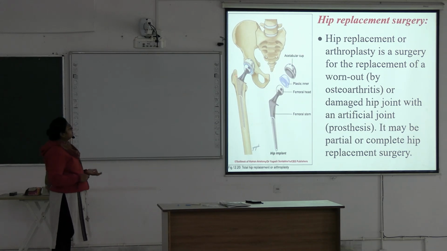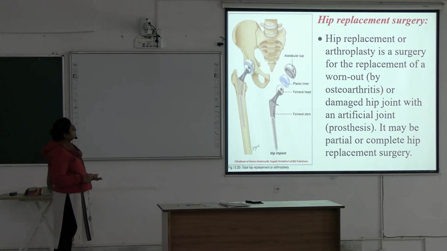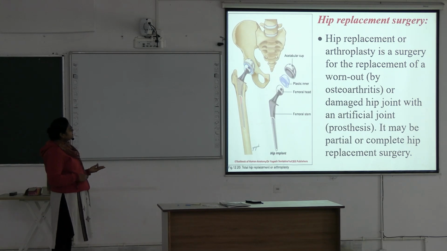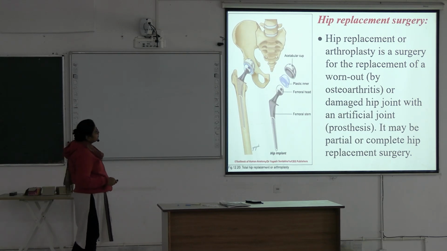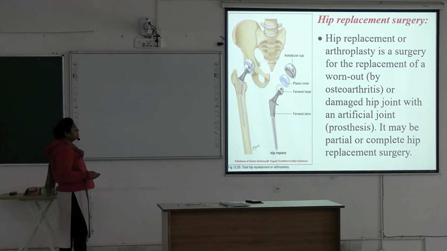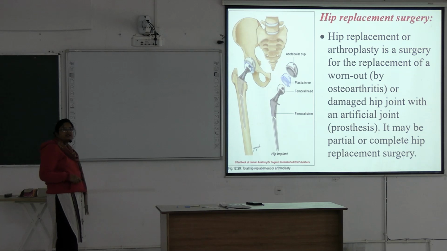And if there is no need, in partial arthroplasty, generally the acetabular cup is not changed. This femoral head is placed over the upper end of the femur. So it is generally done in osteoarthritis or a damaged hip joint with an artificial joint. Prosthesis has been put, it may be partial or complete hip replacement surgery. Okay.